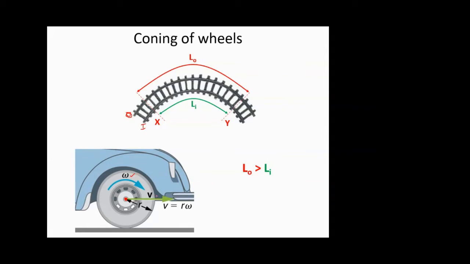So how we get to that is we have a simple formula: v is equal to r omega, where v is your linear speed, or more correctly linear velocity, and omega is your angular velocity.